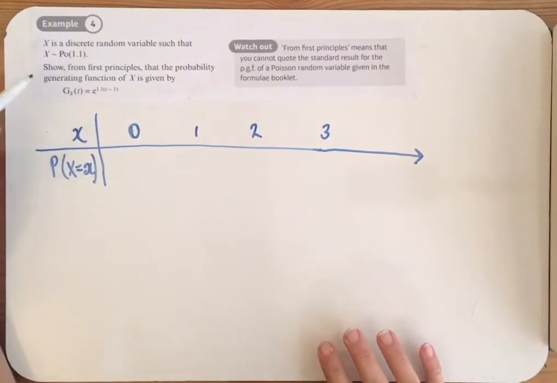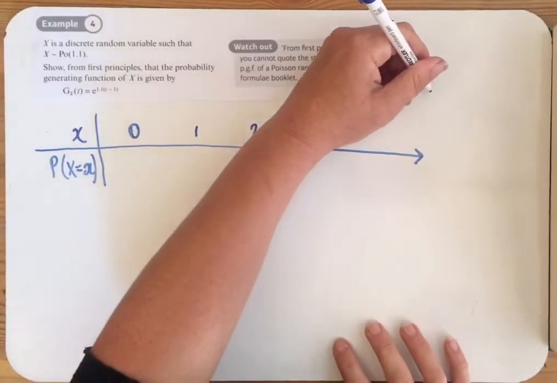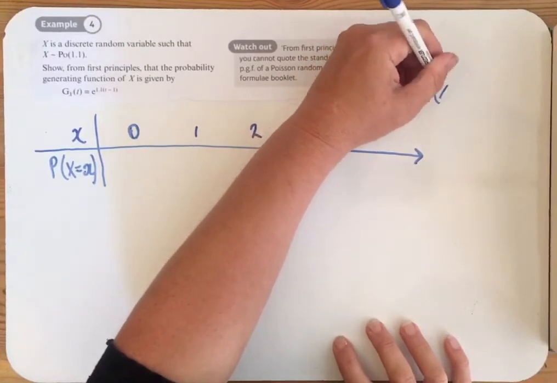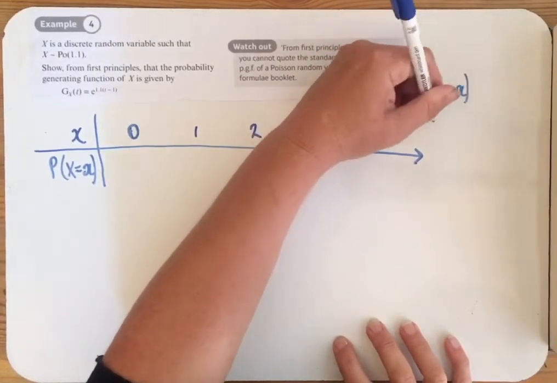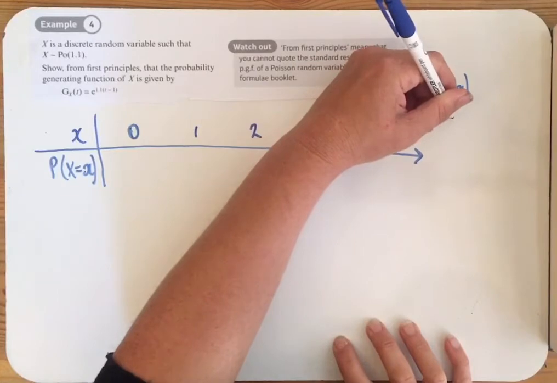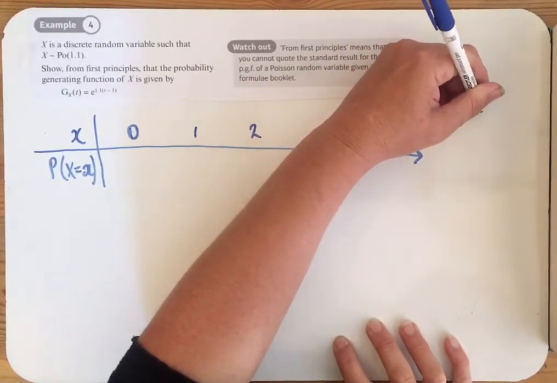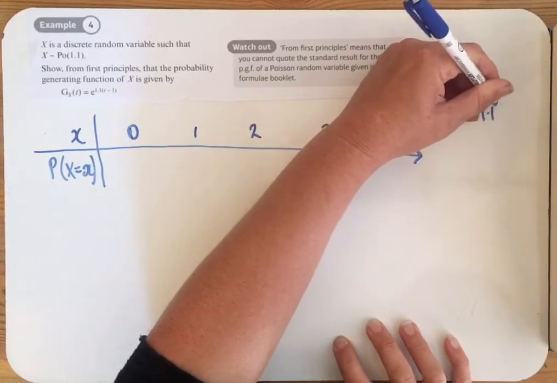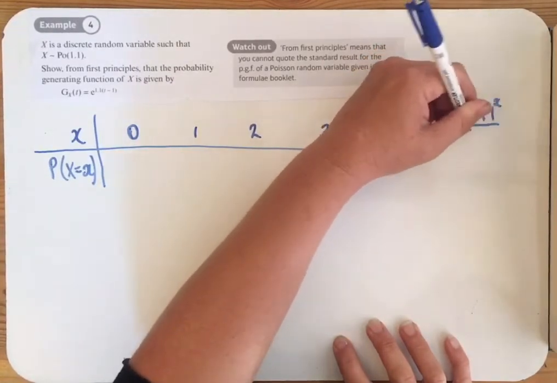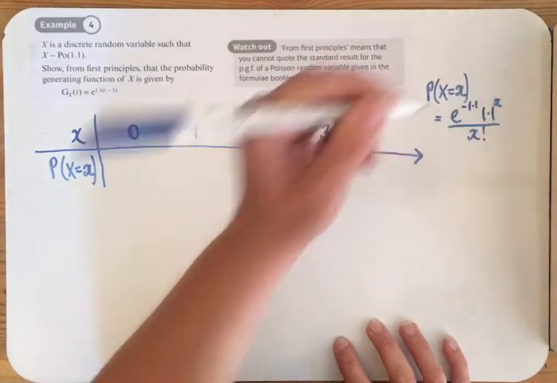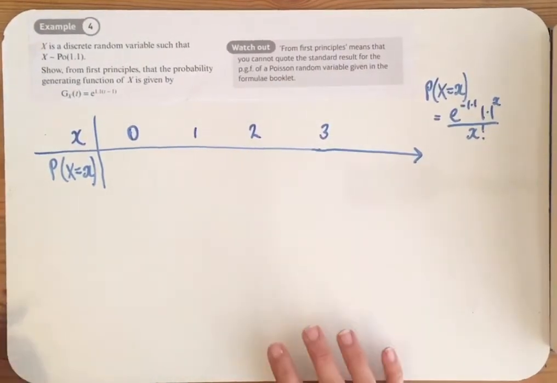And then for this one, lambda is 1.1, so the probability X equals x is equal to e to the minus lambda, lambda to the x over x factorial. So that's what we're using.